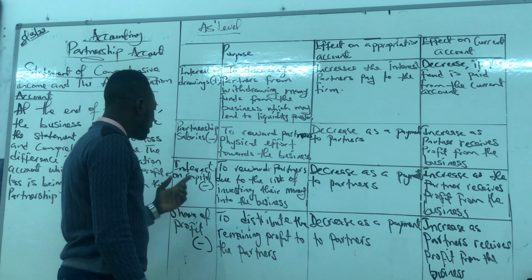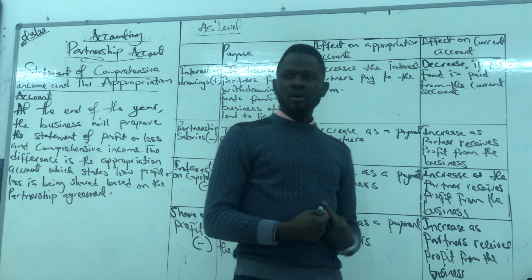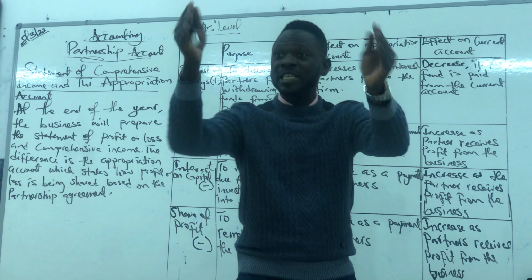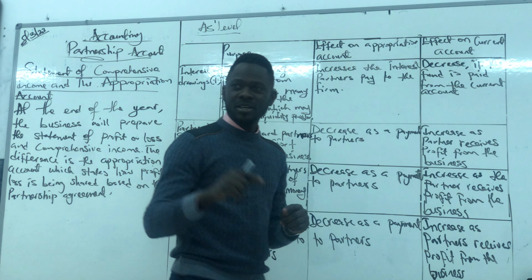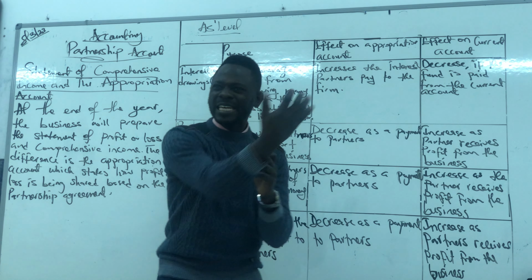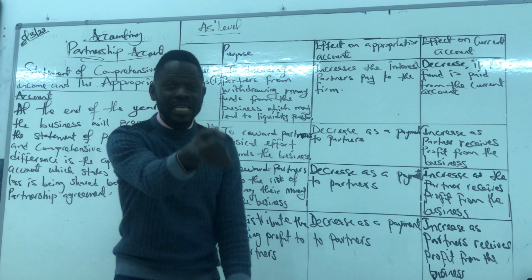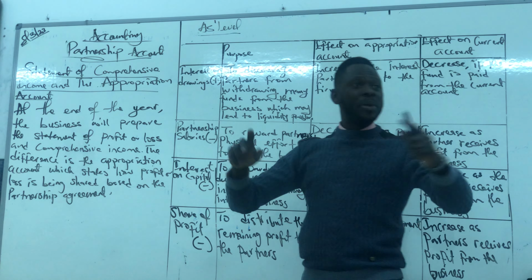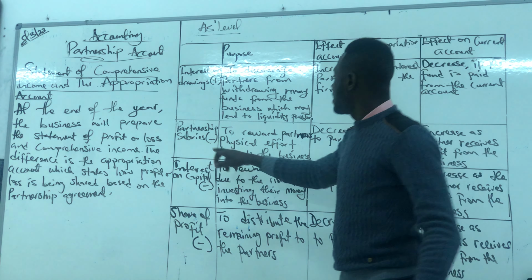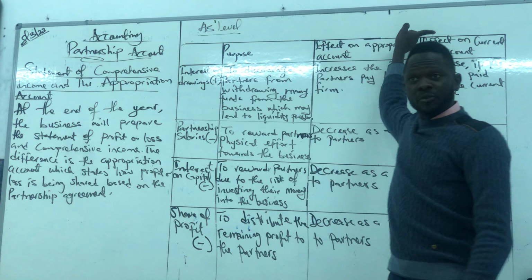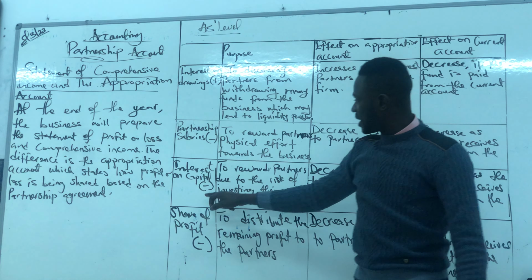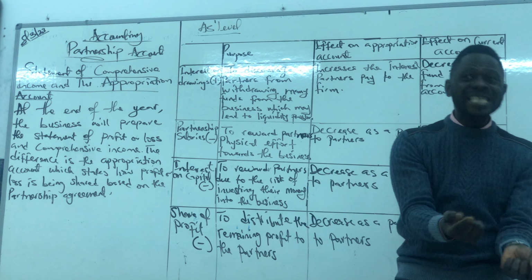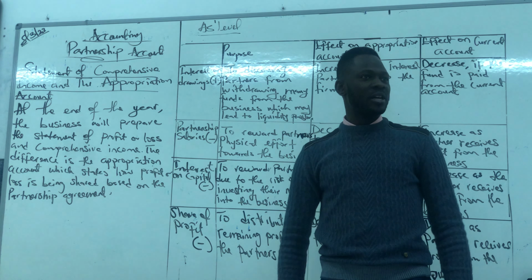The third one, interest on capital. Interest on capital means as a partner, you are putting more money into the business. The partner is putting money into the business, and as a result, the business has to pay interest to the partner.